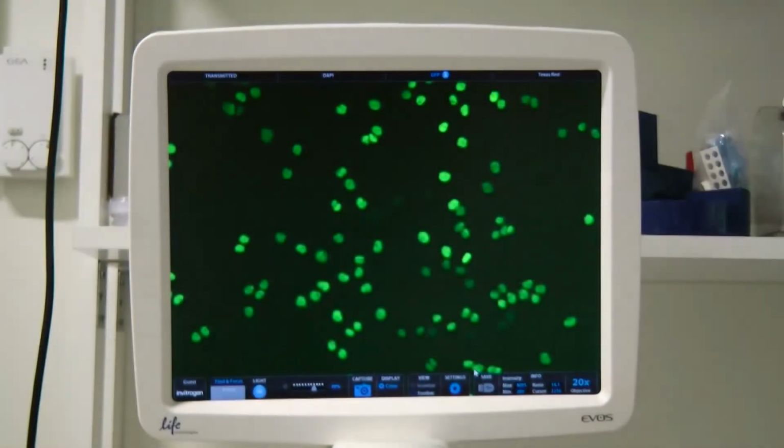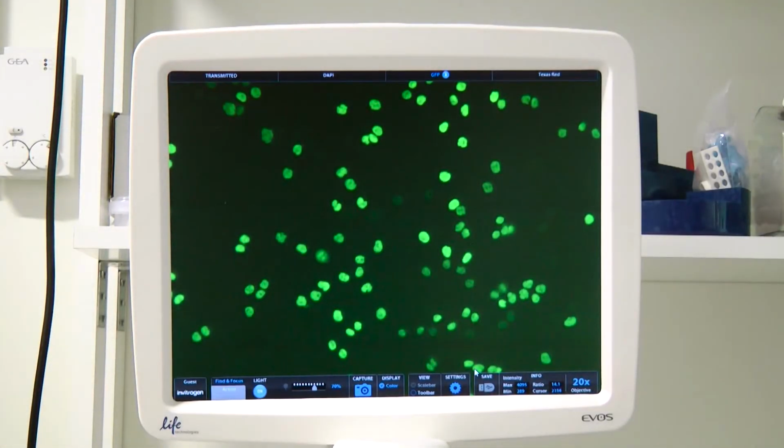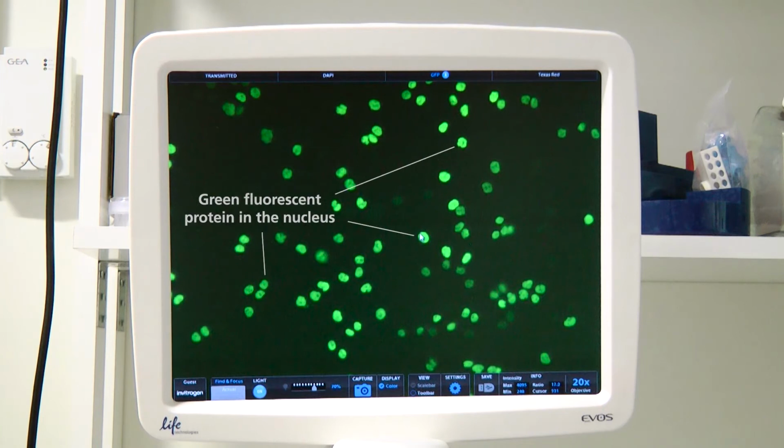And now we can see that the protein that we are interested in is localized very nicely in the nucleus. So this is what you see here. Nice bright green spot means that all the proteins that we are interested in are tagged with the fluorescent protein Ameanion green and are strictly localized in the nucleus. And every cell now is having the tagged protein.